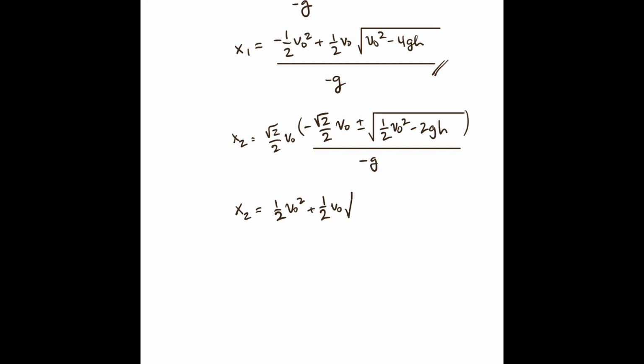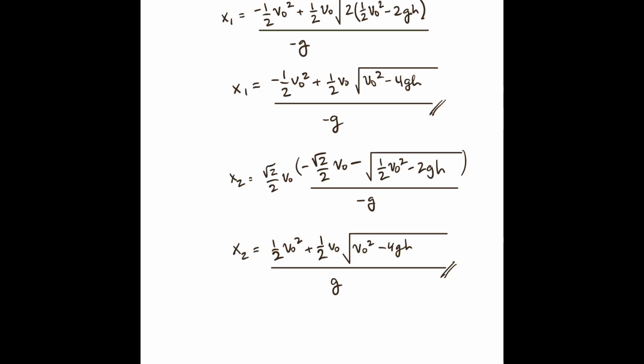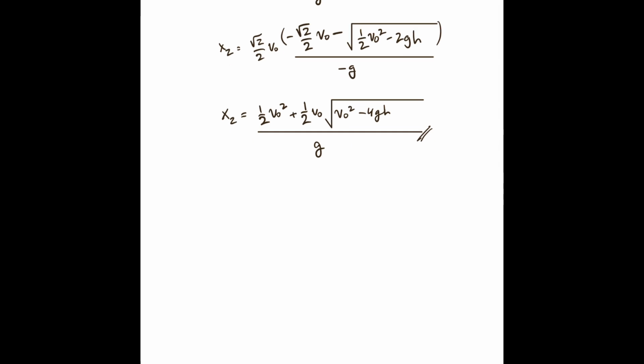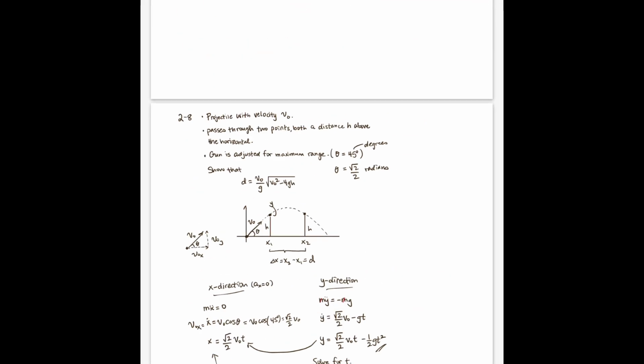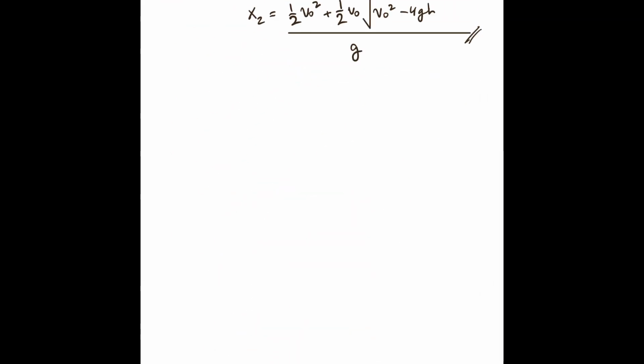And so by following a very similar process, we end up getting 1/2 v naught squared plus 1/2 v naught. You notice that the negative cancels out with this g here. It's no longer there. So here's x2.